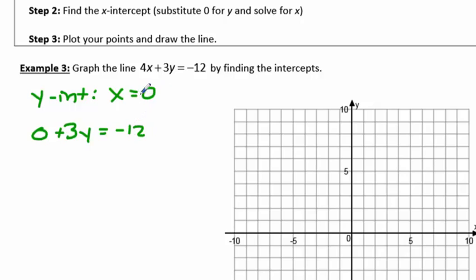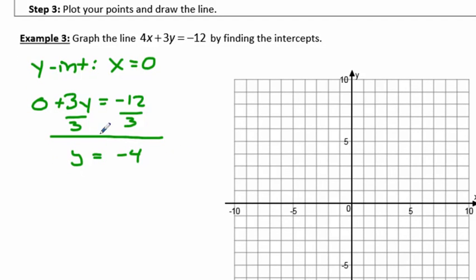And then you want to solve for y. So 0 plus 3y is just 3y. Divide both sides by 3. y equals -4. And so the ordered pair that we're getting here, since I knew that x was 0, y is -4, the ordered pair is (0, -4).